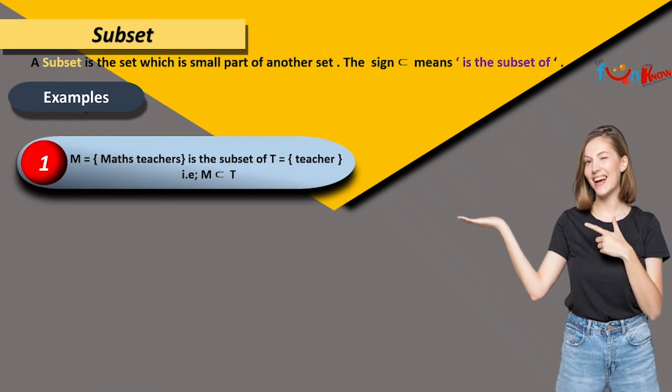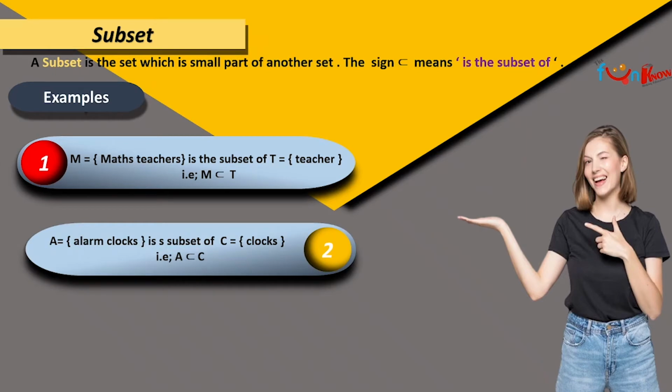So you can write it as M is the subset of teachers. Means there is a big set which is teachers, and from that, specifically, one smaller subset is math teachers. That's why M is the subset of teachers.